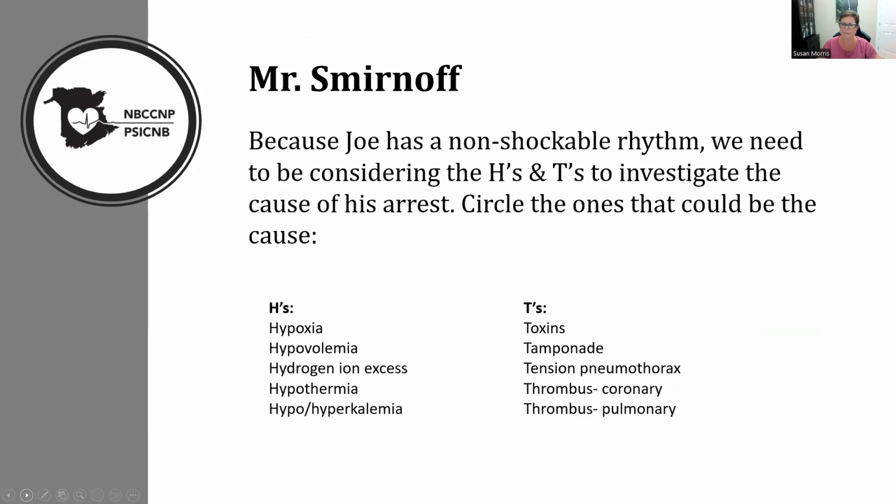And so we investigate the H's and T's. There could be a number of them. Could be coronary thrombosis, pulmonary thrombosis. And when we have a patient we're not really sure what's happening, sometimes a bedside ultrasound during the code blue, or POCUS, point of care ultrasound, is very beneficial.